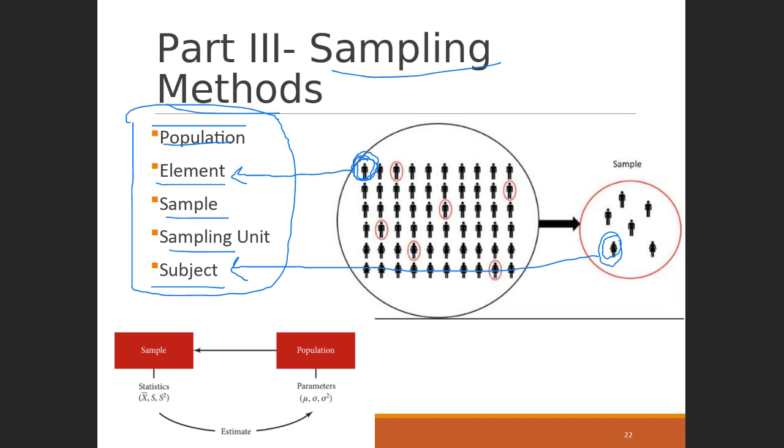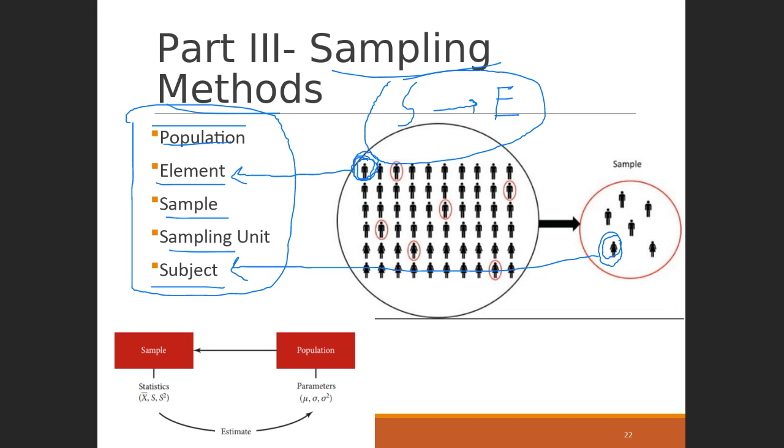Okay, so our goal as a researcher is that our subject should be as representative of our element as possible. A single member of the population is called an element, and a single member of the sample is called a subject. Our goal is that our subject should be representative of a typical element in the population.